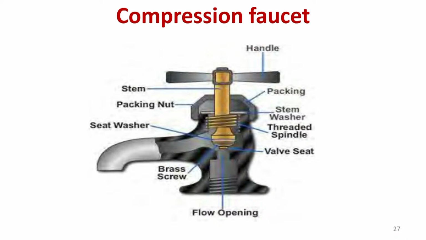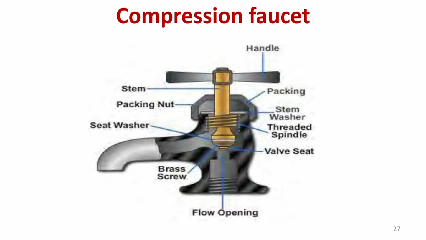If the screw is going up, that will give you an opening, and the water coming from downside will go to your tap. If the washer is coming down, it will stop the passage and water will not go to the opening of the faucet.